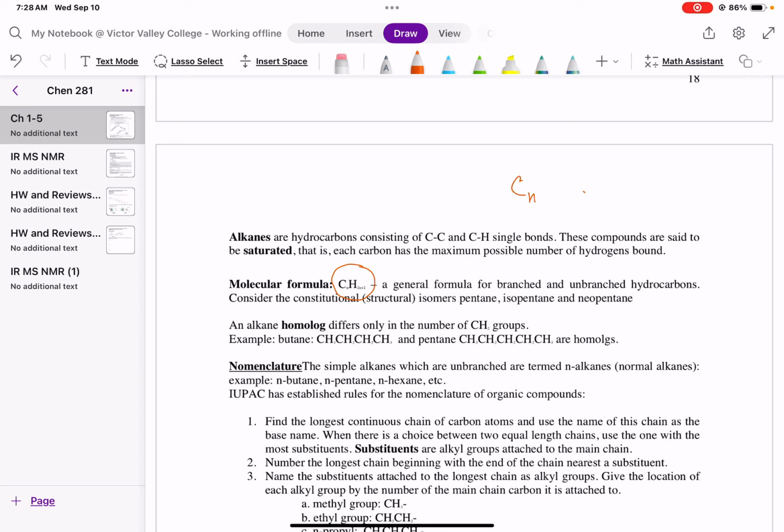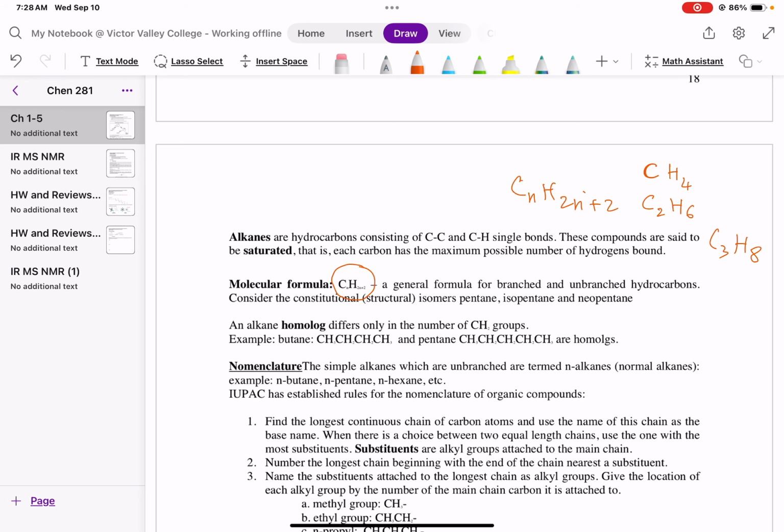The formula is CnH2n+2, which means if you have one carbon, you double it, that's 2 times 1 is 2, and you plus 2, that's 4. If you have two carbons, you double it, 2 times 2, that's 4, plus 2, that will be 6. And if you have 3, you do the math, it should be 8, and so on and so forth.